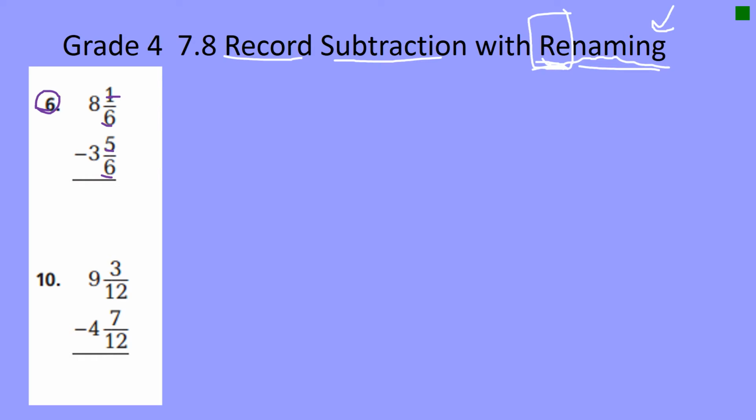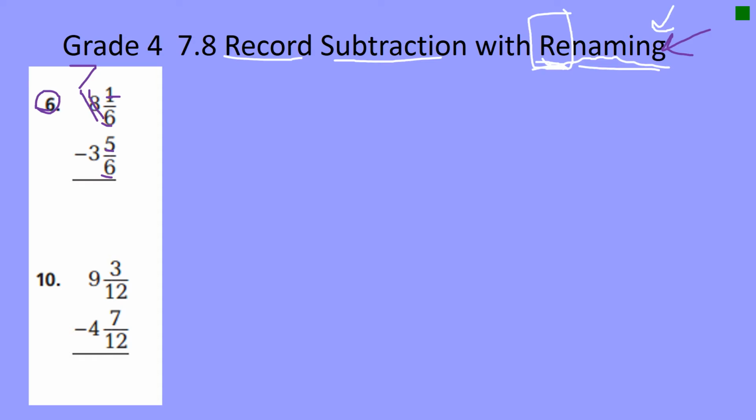Now hang on a second. 1 minus 5. Can you take 5 away from 1? No. That's when the renaming is going to come in. We are going to regroup. We're going to take one whole thing away from that 8, so then we're left with 7.